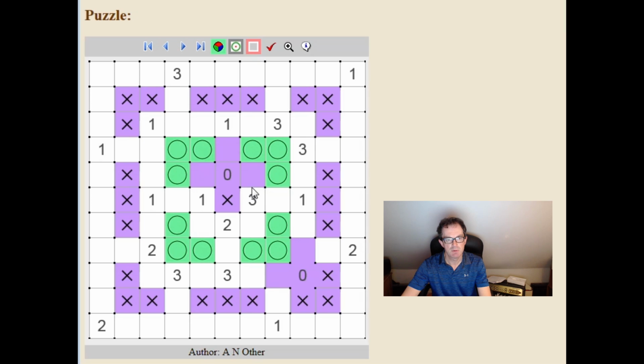So is it possible that both this segment and this segment don't contain a line? Clearly that's not possible. So there must be a line segment in at least one of these positions, and that means that it cannot have the same colour as the purple squares. It must be green as well. So let's put that in. That's going to have to be green, and then we can start to just annotate some of the loop here along these edges.